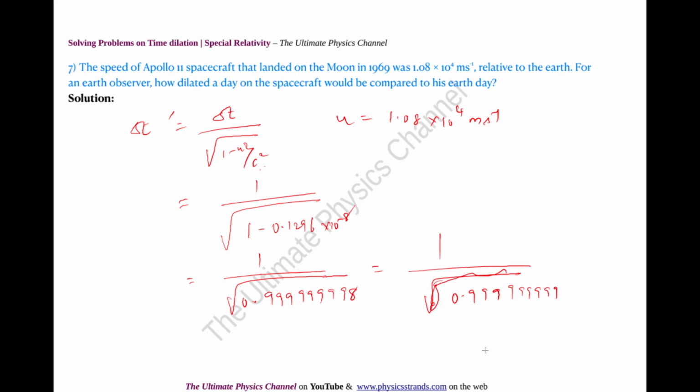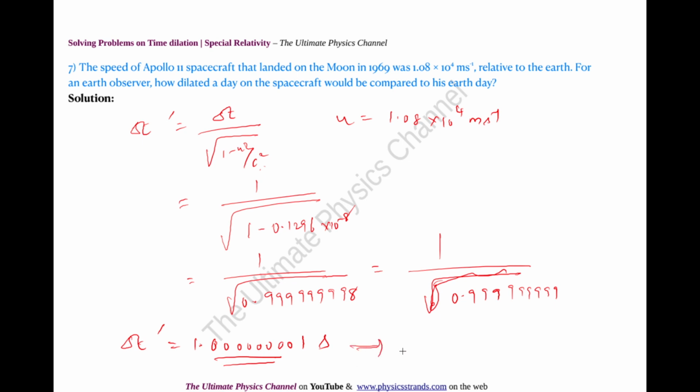So if I take the inverse of this, I get del t prime as 1.8 zeros followed by 1 second. So you can clearly see how much the clock has gained. If you do it on the calculator, it is not even 1 nanosecond.